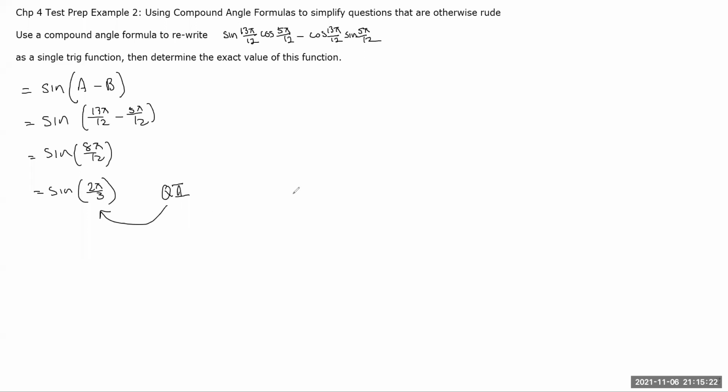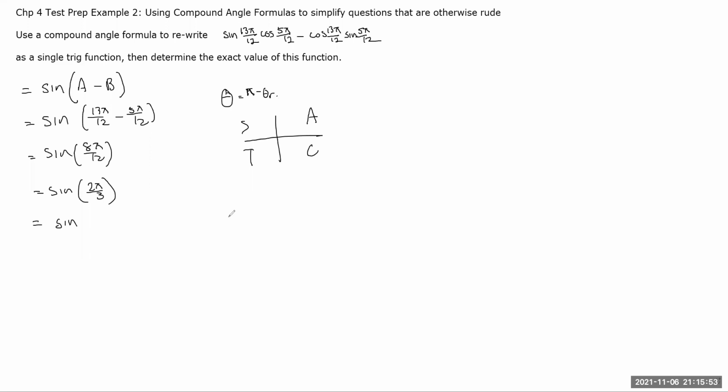That means I can rewrite this using the CAST rule as its acute related angle. So if it was in quadrant 2, the original rotation is going to be the same as pi minus the acute related angle.